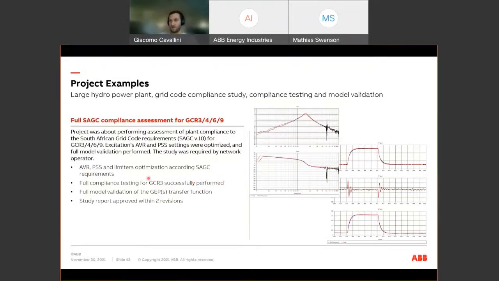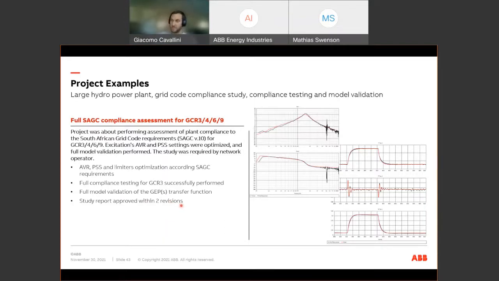And we performed the model validation. So we overlaid measurements and simulations to show the network operator that the models are accurate. And as you can see here, the results were pretty good. So here the study report was approved within two revisions. And our commissioning engineers were also sent to site and did a great job.